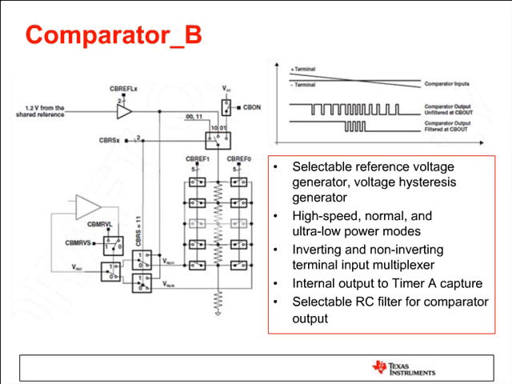And the comparator B is another new module that we have on the CC430. Pretty much this slide just speaks to the fact that we have a reference generator. So if you guys remember about the ref module, this is the shared analog reference. It has a little tap that goes out to the comparator. That can be amped up to 1.5, 2.0, or 2.5 volts.